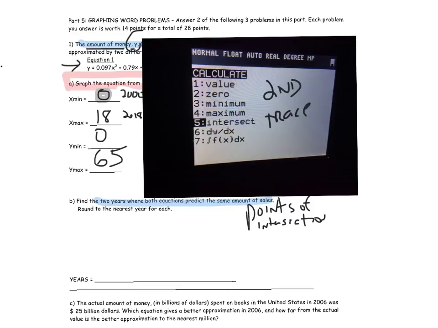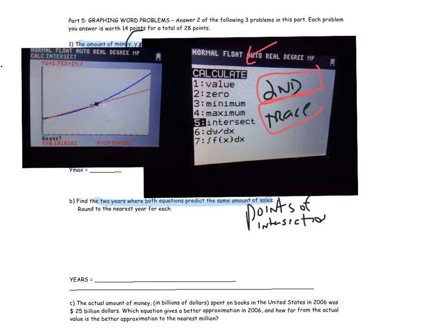We do that by pressing second and then trace for calculate and going down to option 5. You're going to press enter twice, first when it says first curve, then when it says second curve. And then the key is when the calculator says guess, you have to, using the arrow buttons, move the cursor closer to whichever point of intersection you're trying to find.